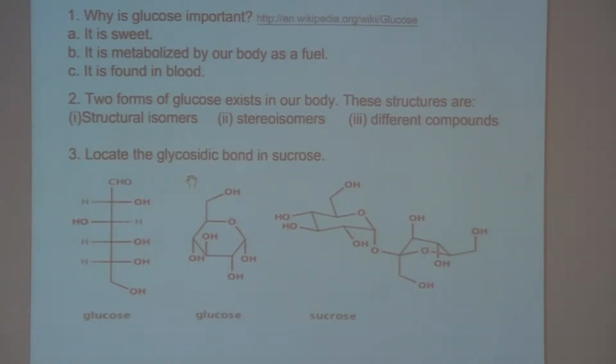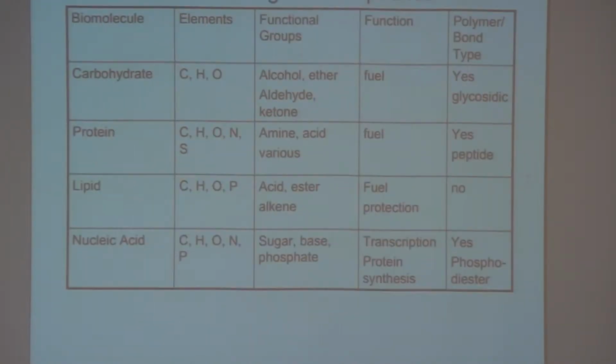So where is the glycosidic bond in sucrose? Now let's go back one slide. We said that the glycosidic bond is the bond that joins those simple carbohydrates together.